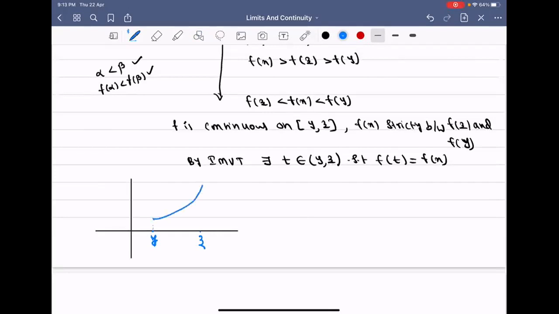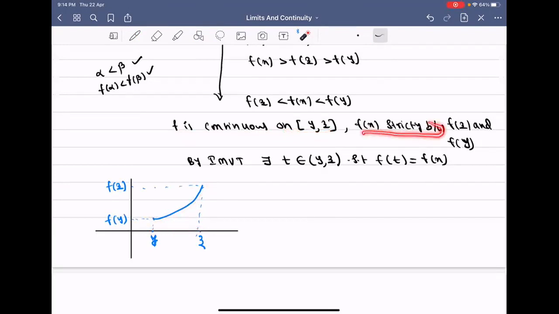I am taking the increasing function. This is f(y), this one is f(z). Here f is continuous on [y, z].